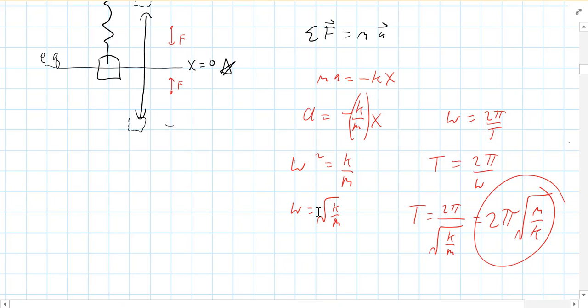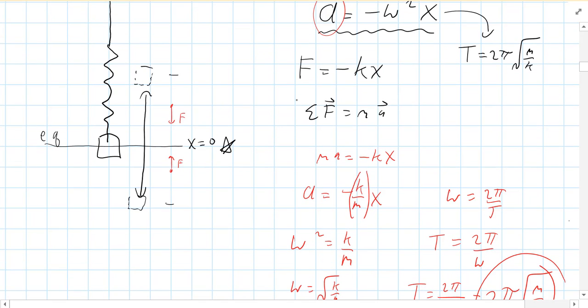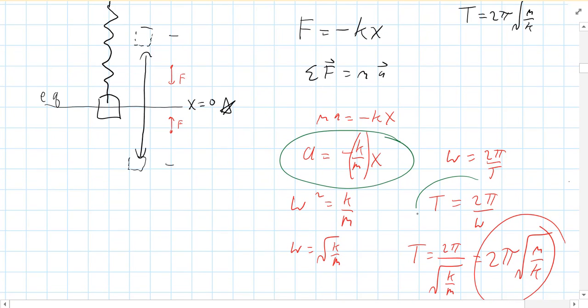Now, that's a very simple example. We're going to do a bunch of examples like this, so you have to actually know the process. The first step is to get a in terms of x. The second step is to realize that period is 2 pi over omega.